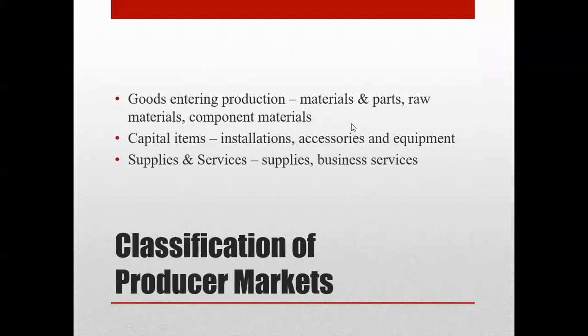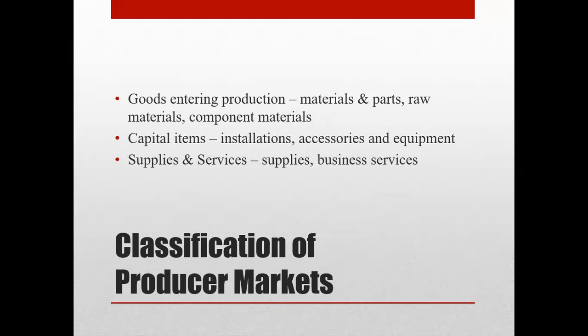Then another factor is supplies and services. So you are running a business, you are a baker, you are producing cakes. Even at a small level, apart from what is going into the production, you still have receipts, you still have flyers that you share about.